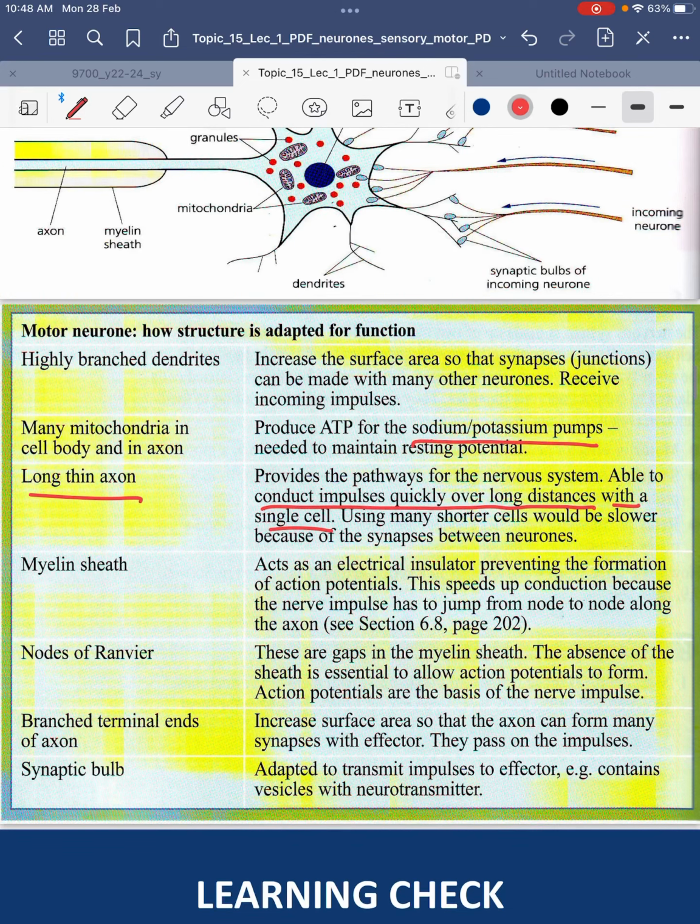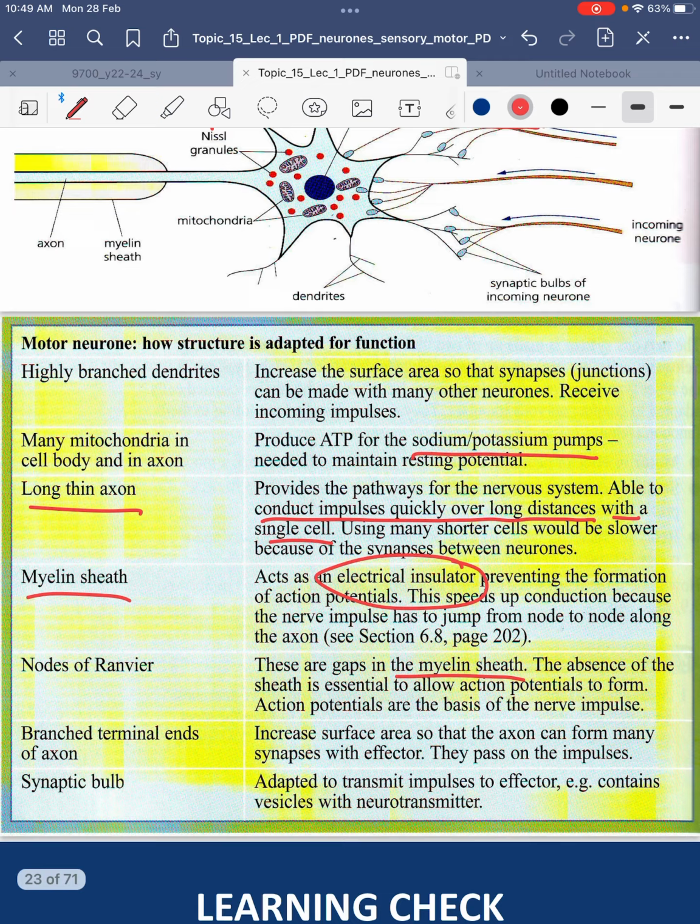Myelin shield. This is an electrical insulator. Nodes of Ranvier. This is where there is no myelin shield. This is to speed up the conduction of the nerve impulse.